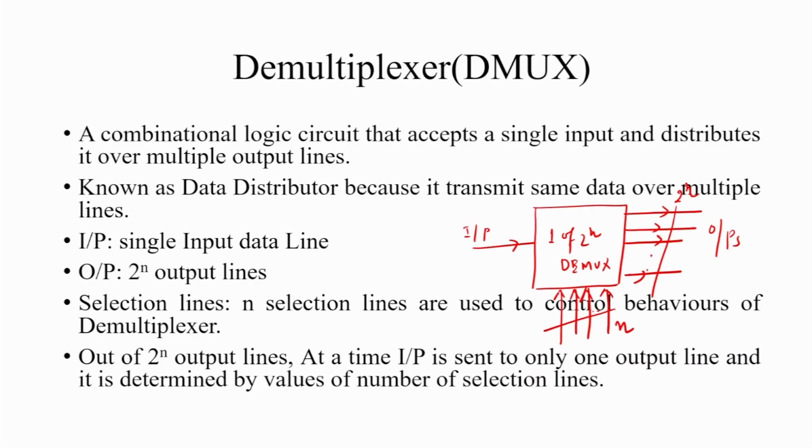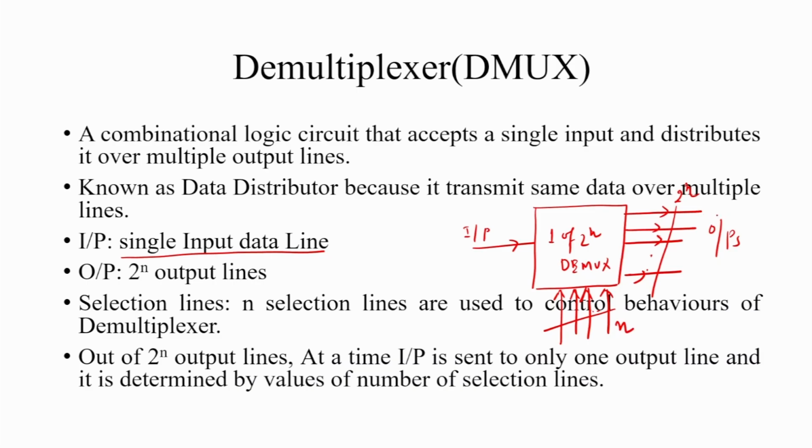Here the input is the single input data line, and which output is selected depends on the number of selection lines. Suppose all the selection lines are 0 0 0, this means the input data goes through output line Y0.